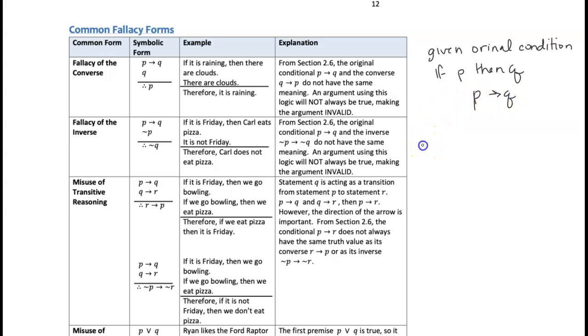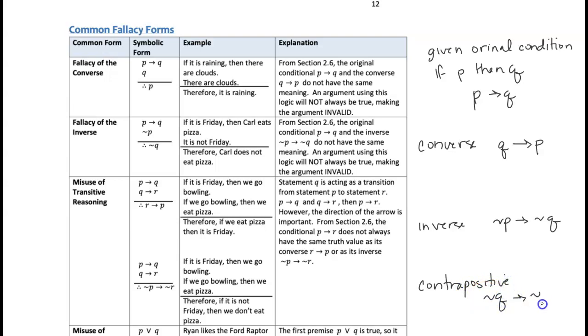Recall that we would have the converse as statement Q implies P. We'll also talk about the statement inverse as negation P implies negation Q, and the contrapositive as negation Q implies negation P. We found that the original conditional and the contrapositive will always have the same truth values.